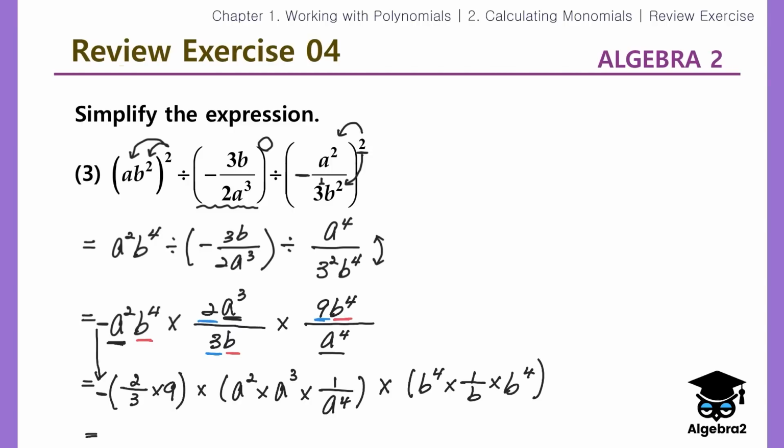So 3 times 1, 3 times 3. So 2 times 3, 6. So that's a negative 6. Let's look at a. 2 plus 3, 5, minus 4, that's 1, right? a to the 1, so we don't have to write it. Just negative 6a times b. 4 minus 1 plus 4, that's 7, right? So b to the 7. That's it.